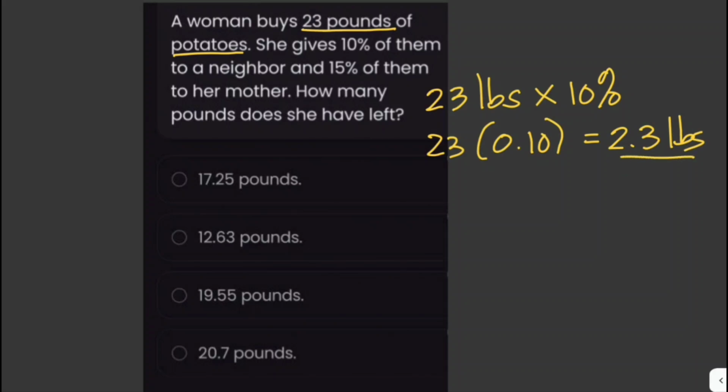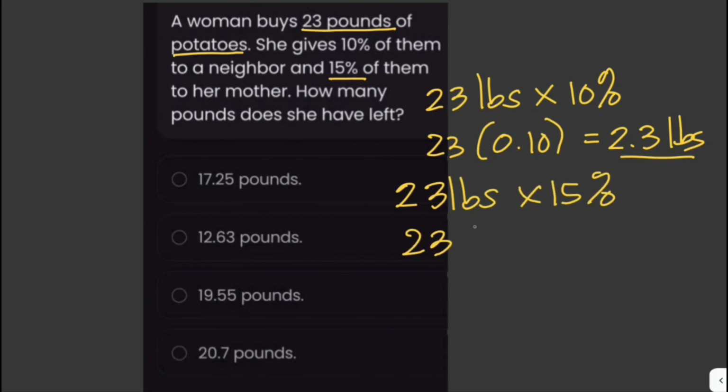So this is the amount of potatoes that she gave to a neighbor, and then she gave 15% of the potatoes to her mother. So we multiply 23 pounds by 15%, so that is 23 times 0.15.